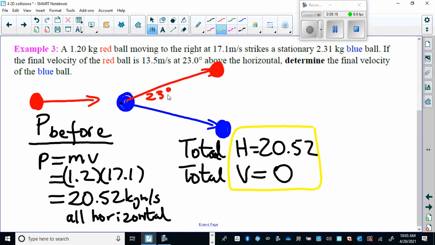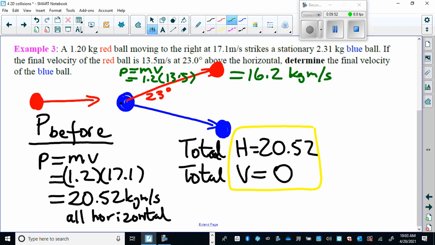Well, we've been given information about the red ball. We've been given the angle and its velocity. So, in other words, we can calculate, let's go green here, the momentum of the red ball after the collision, which would be 1.2 times 13.5, and that's going to equal 16.2 kilograms meters per second.